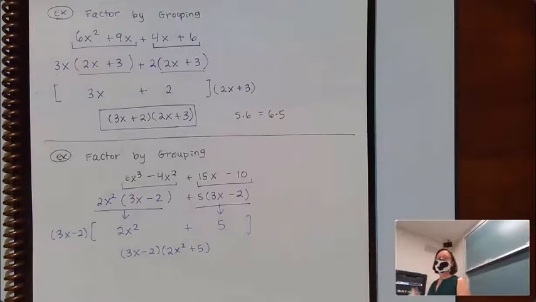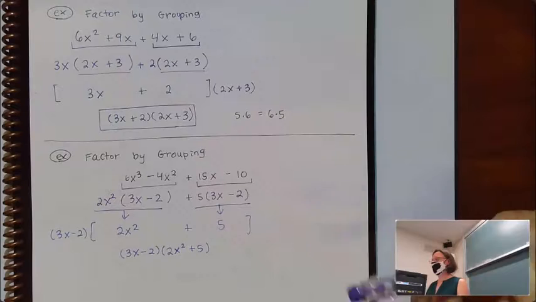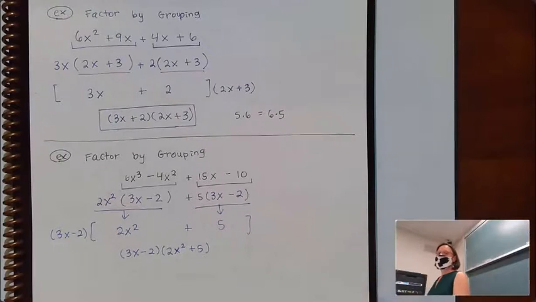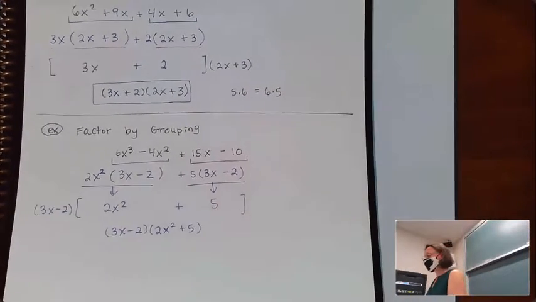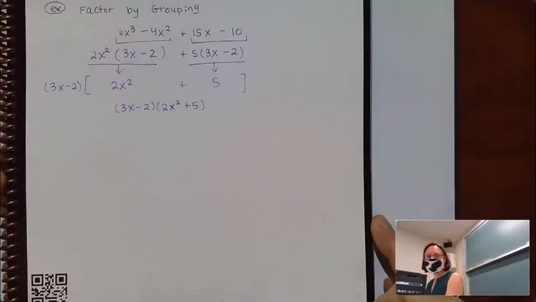By the way, if you get to the end and you're like, but am I right? If you want to check your work, you always can multiply it back out and make sure you get the same thing that we started with. So I know that sometimes it's nice to have a method to check your work.